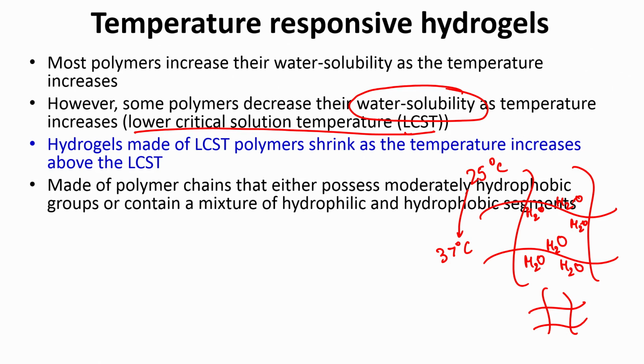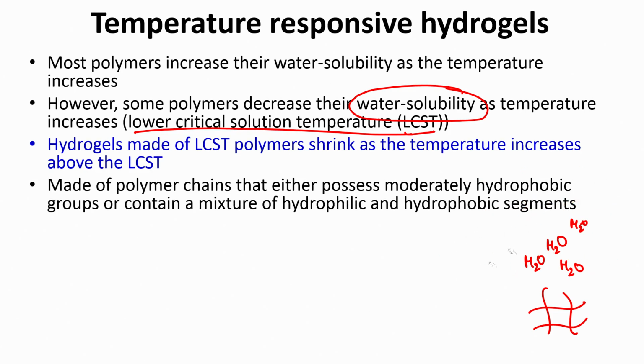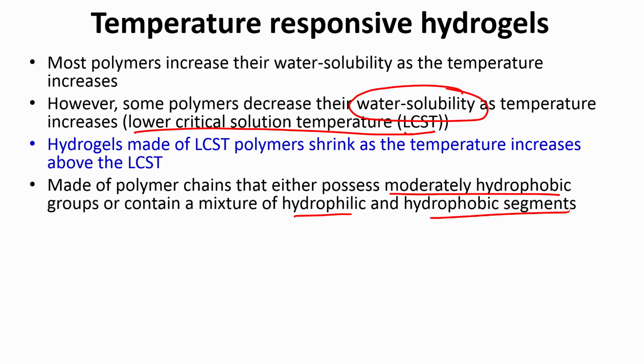So, these are typically made from chains which are moderately hydrophobic. They cannot be extremely hydrophobic, in that case it is not a hydrogel. Remember, a hydrogel is something that is extremely hydrophilic, but these particular hydrogels are made with something moderately hydrophobic, and hence they contain a mixture of hydrophilic and hydrophobic segments.